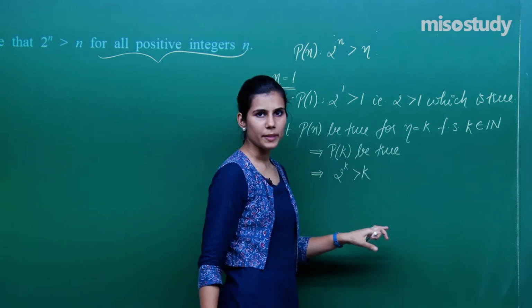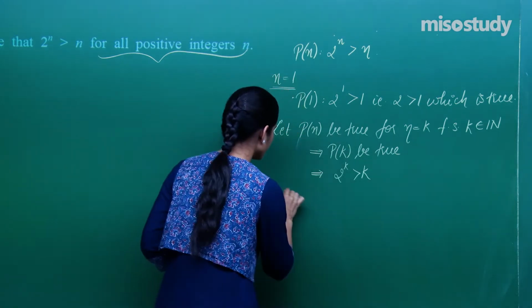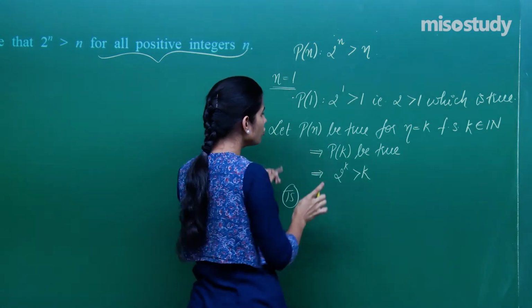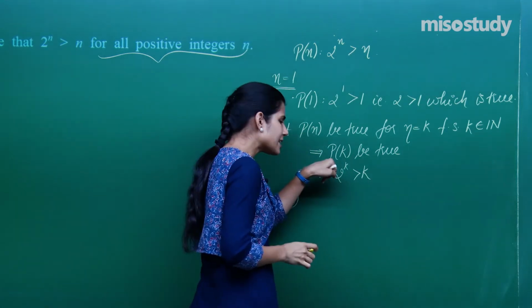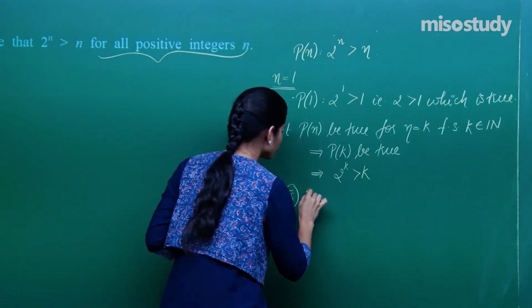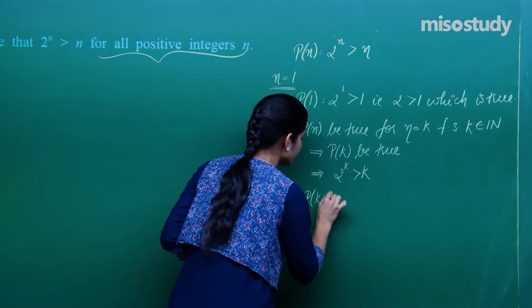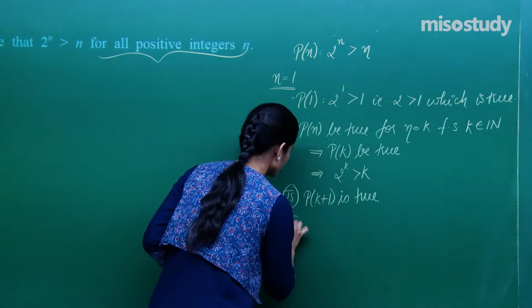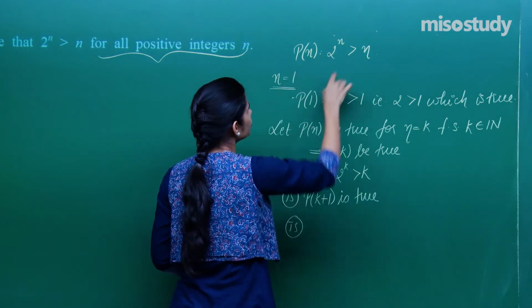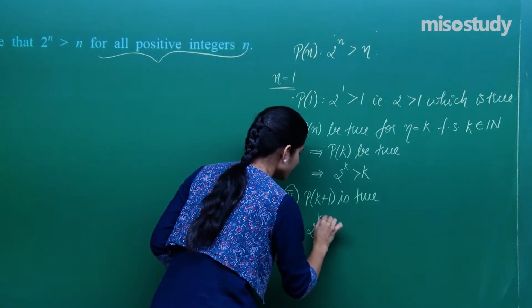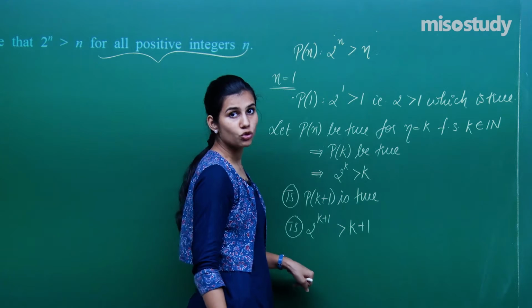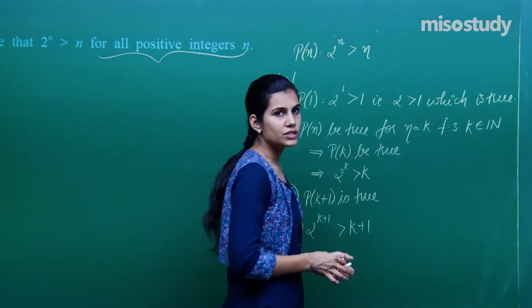This is holding, that means this statement is true. If the induction hypothesis step has been done, that means I have assumed Pk is true. With this assumption holding, I need to show Pk plus 1 is true. That means I have to show what? Pk plus 1 is true means I have to show 2 to the power k plus 1 is greater than k plus 1. I have to show this. And I am already given Pk is true.